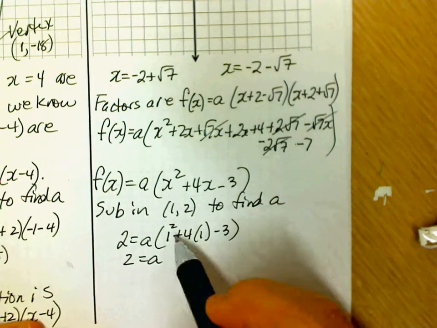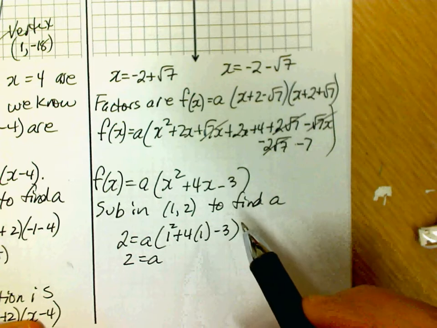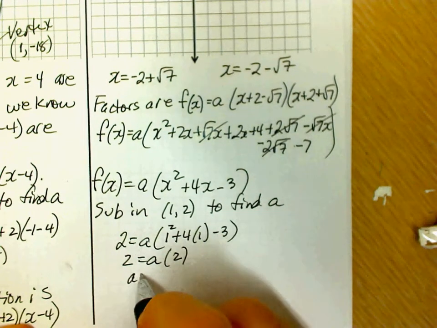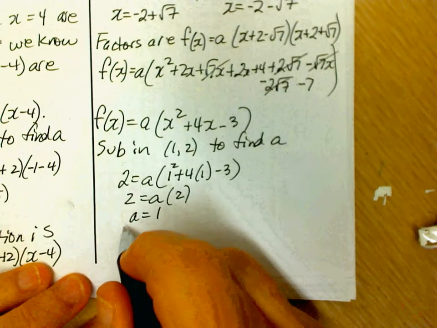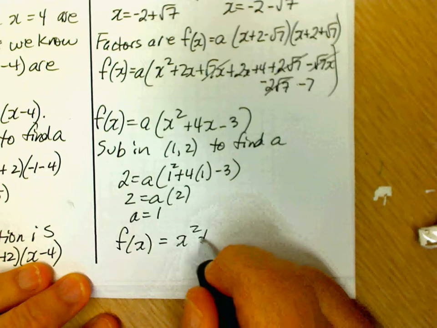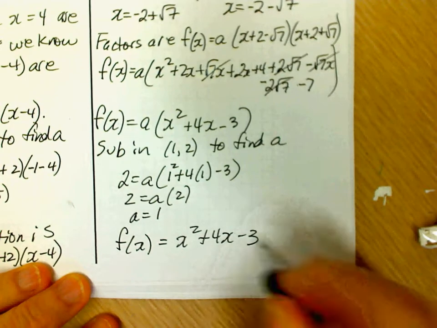So 1 plus 4 is 5, minus 3 is 2. So a equals 1. Our equation is f(x) equals x squared plus 4x minus 3.